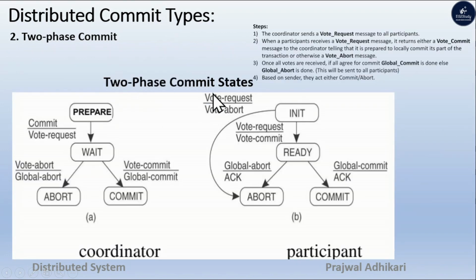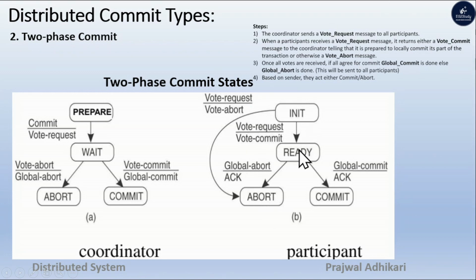Here is the state of the two-phase commit protocol. Here are two different states, one for the coordinator and another for participants. At first, the coordinator will send a vote request message to all the participants and wait for the response of the participants. The participant, after receiving the vote request message from the coordinator, checks: if it is busy in another process, then it will vote abort.